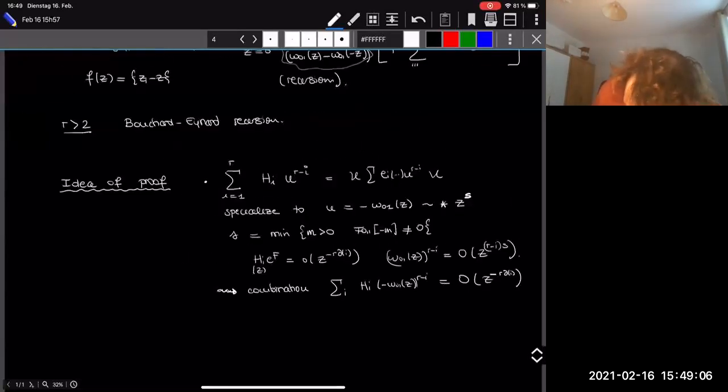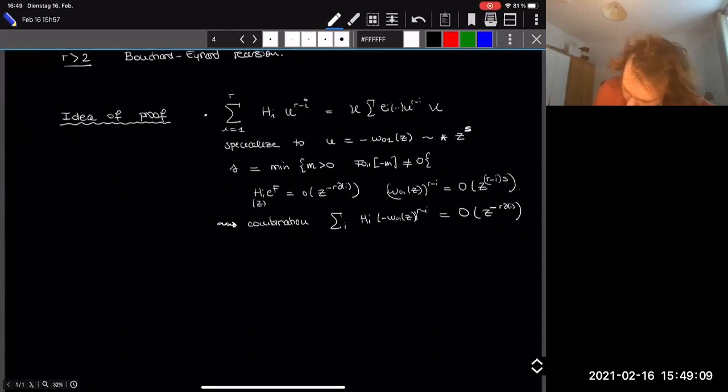So that's the first idea. But then, since that thing was elementary symmetric on some j, it's a product of u plus j.